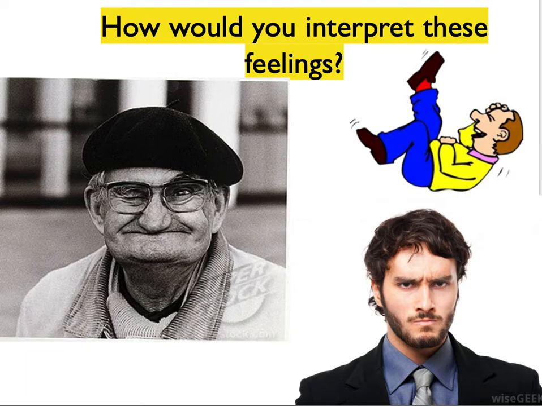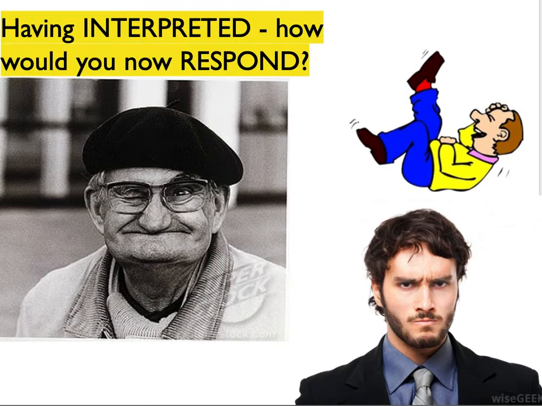Animals have fixed, pre-programmed instincts. We're humans. We respond to the world by giving meanings to the things that are significant to us. You see these people and then consciously interpret their feelings. Having interpreted, you choose how to respond.